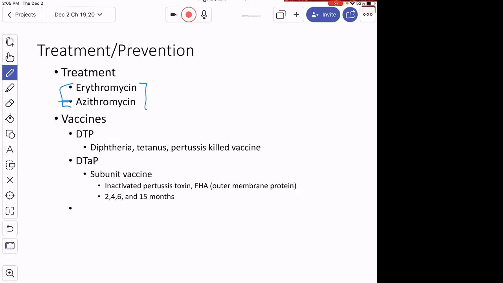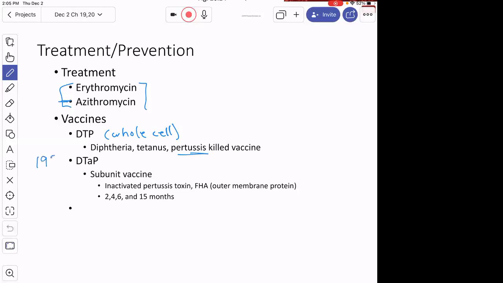We do have a vaccine. And if you remember, we talked about this vaccine a few weeks ago. We used to give a whole cell vaccine, a killed cell, obviously, together with diphtheria and tetanus toxoids, and we administer those together.